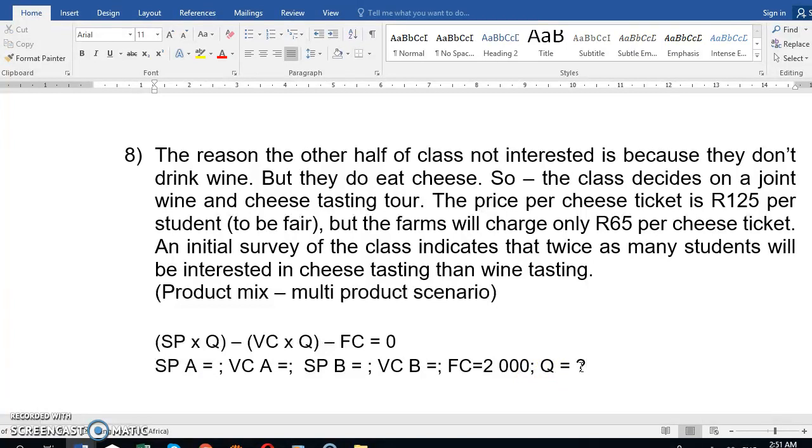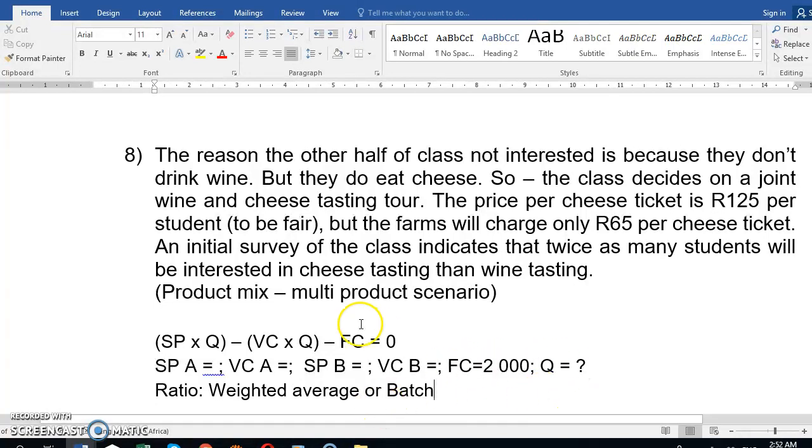Now, in order to solve these two products, the important thing that you need is a ratio, which can either be a weighted average, and we're going to cover both, or a batch. In this case, the ratio needs to be given.